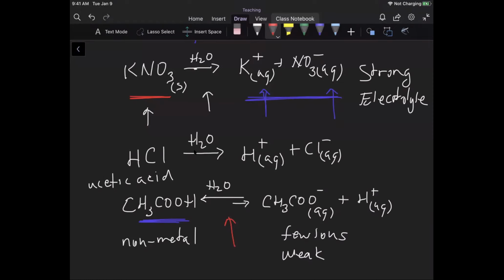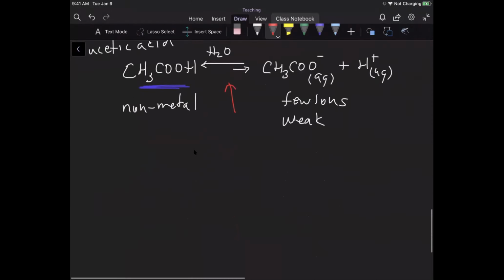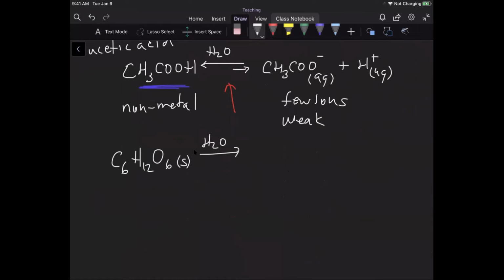Okay, and then finally, we have things that are non-electrolytes. Okay, and we talked about those. Acids are special cases of nonmetals. So if I have sugar, solid, that's all nonmetals. But if I put sugar in water, it doesn't split apart into ions. All I get is C6H12O6 aqueous.